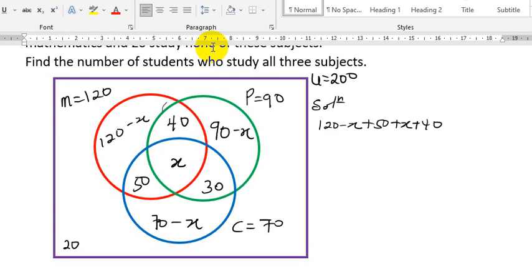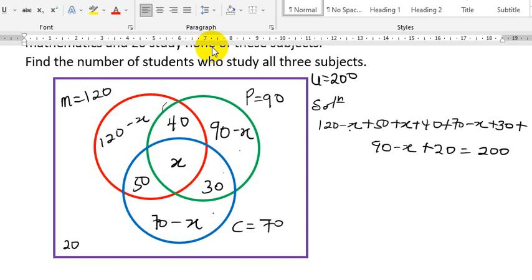Then plus 70 minus x plus 30 plus 90 minus x, plus the 20 outside here. We'll also add that one. Then we equate everything to 200, then we solve for x.